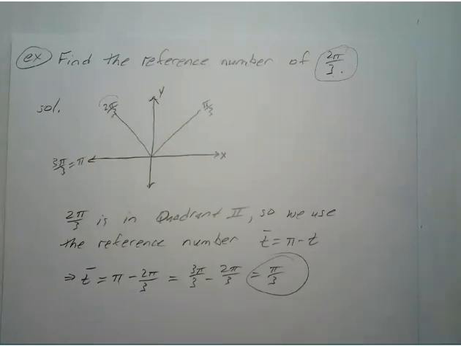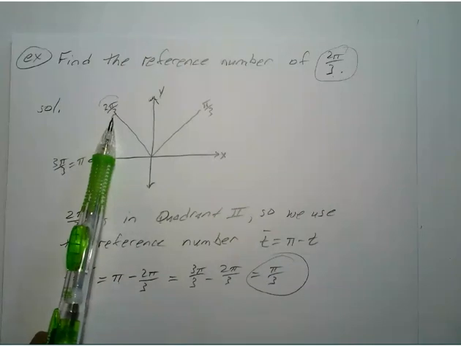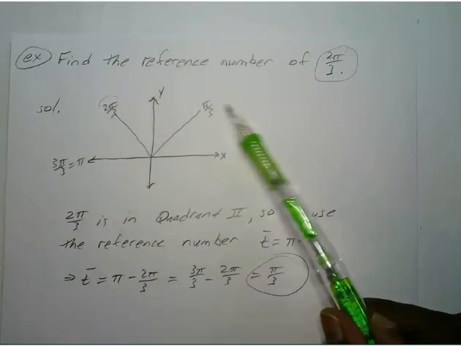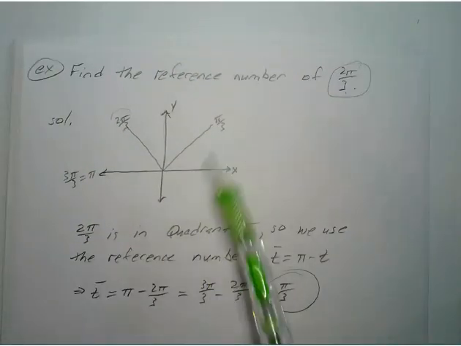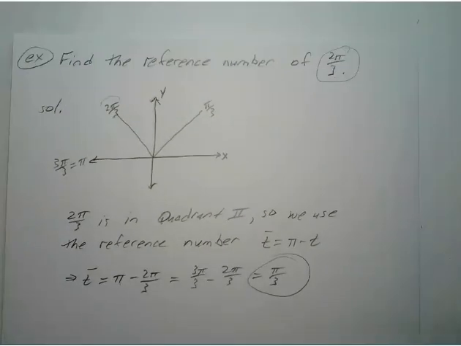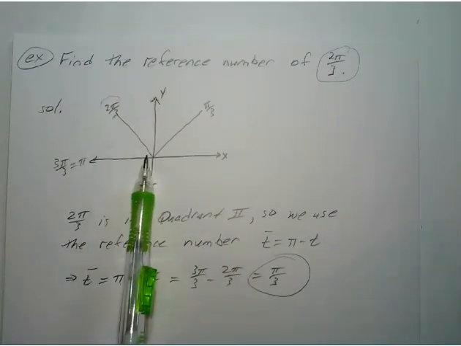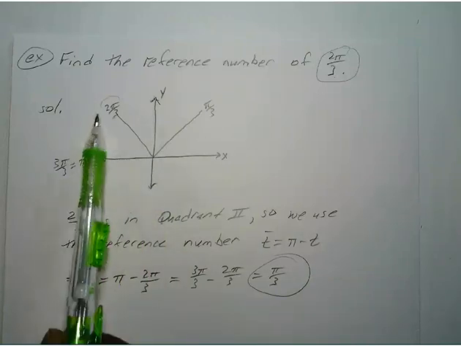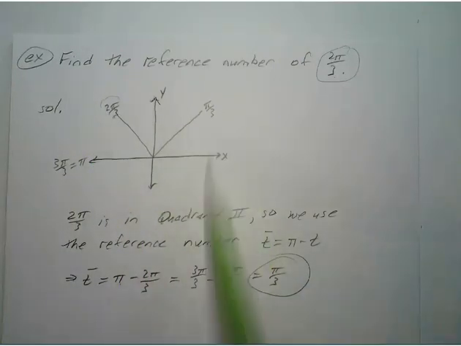Okay, so what this tells us is that 2 pi over 3 has the same x and y values as pi over 3. The only difference is that because it's in quadrant 2, your x is going to be negative and your y is going to be positive, where here they're both going to be positive. All right. Okay. So just to show you what I'm talking about, we'll look at pi over 3 and 2 pi over 3.